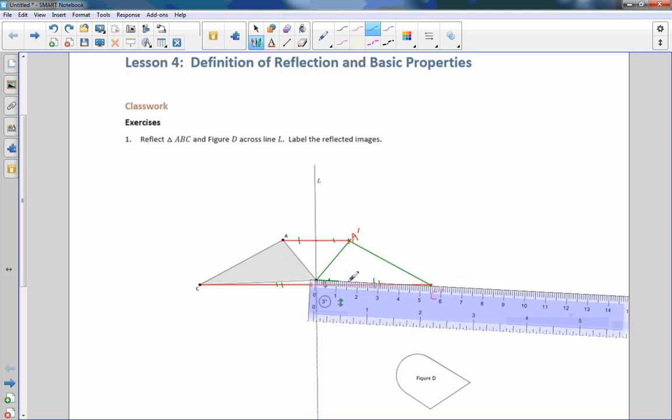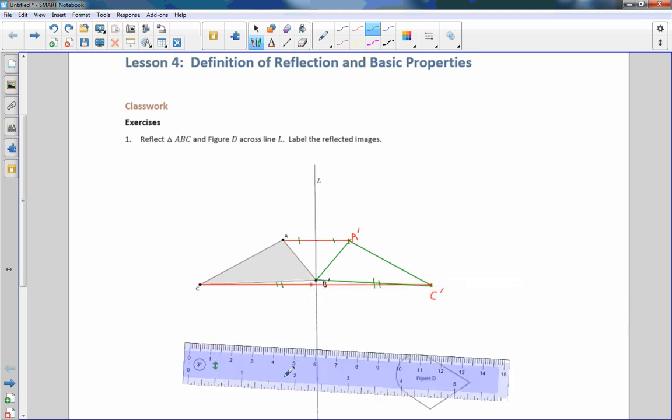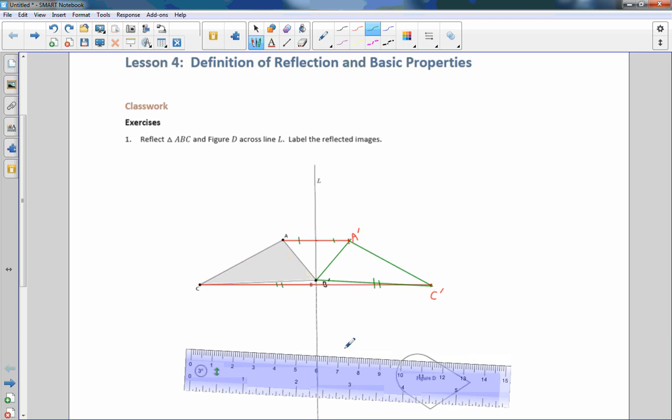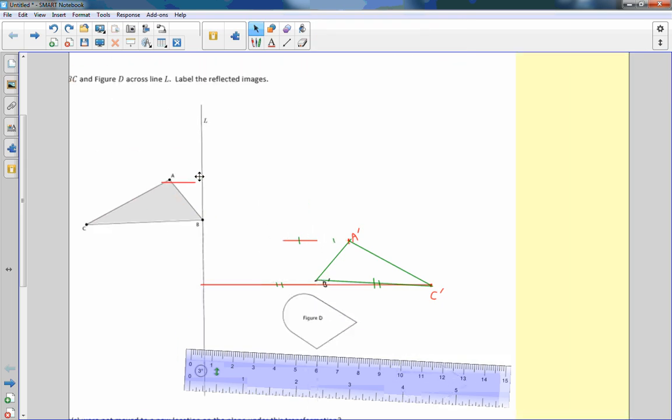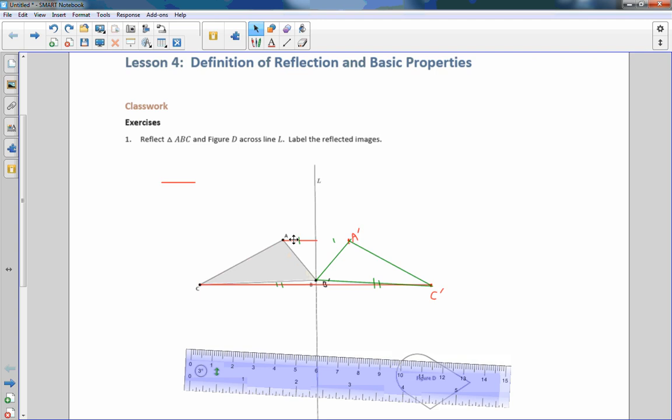Okay, so then if I draw this, there is my triangle A prime, B prime, C prime reflected about L. Okay, so let me move my little markers out of the way here that I used to create this. Okay, and you will see more clearly what happened. So that is how you can do it on your paper.